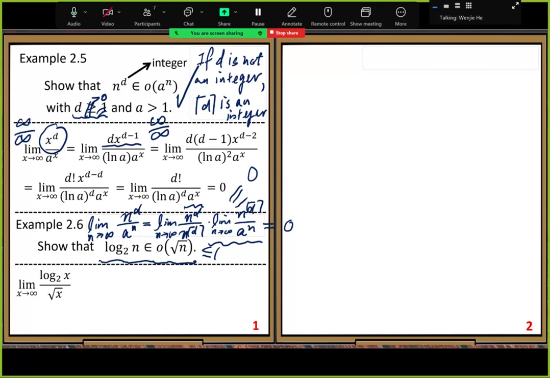But we need to work on the continuous variable version of the functions to take derivatives. So here we use x to replace n. X means we can take continuous values. So then these two functions we can take derivatives.